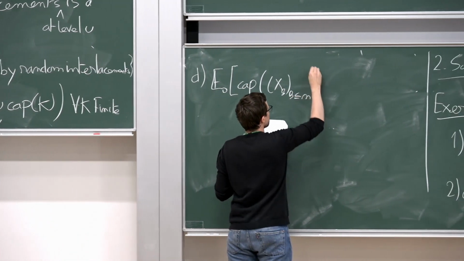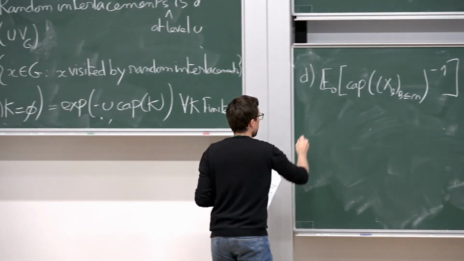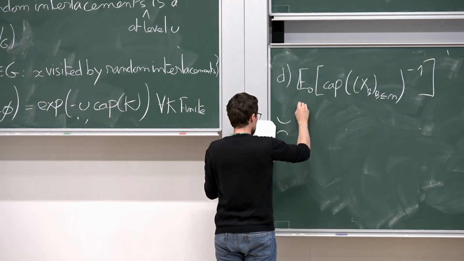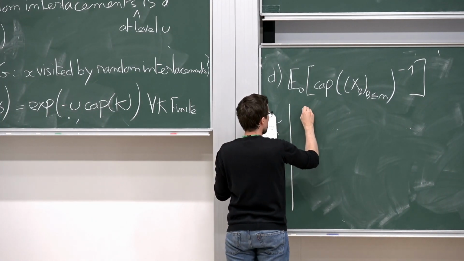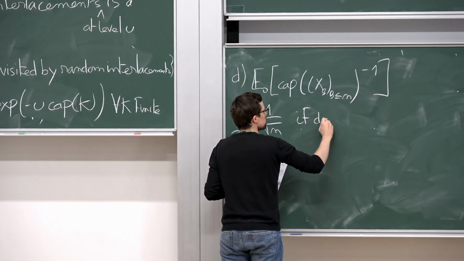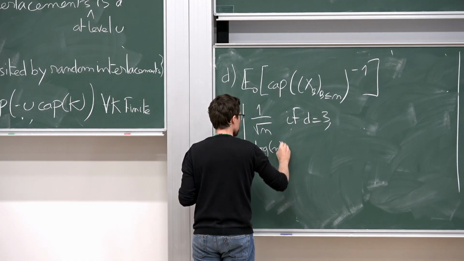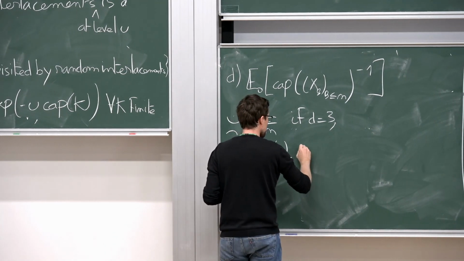Let's say I look at the average value of the inverse of the capacity. This is of order, and there you will have three cases. In dimension 3, this is 1 over square root of n. In dimension 4, which is the critical dimension, there is a logarithmic correction.